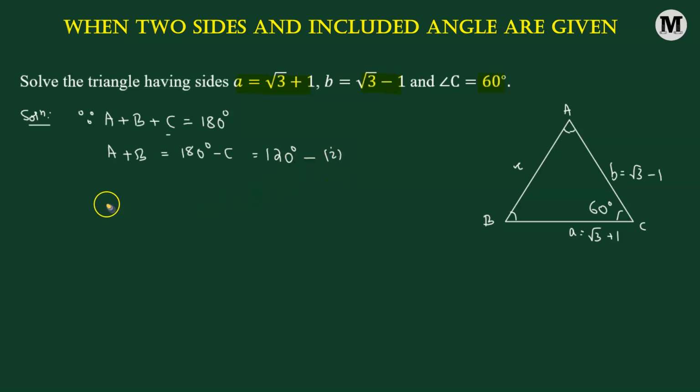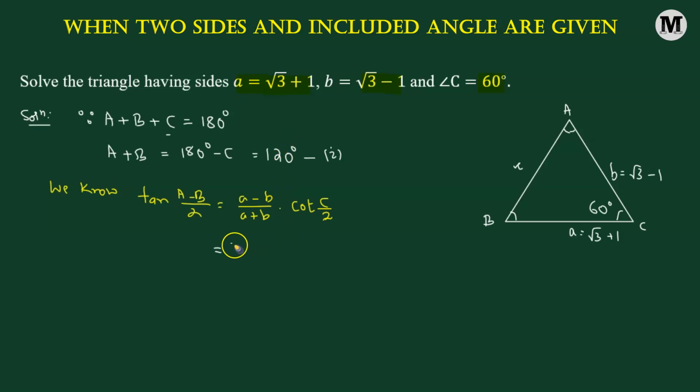Next, we're going to take the help of another half angle formula. So we are going to use the formula that is, tangent of (A minus B) over 2 is given by (a minus b) divided by (a plus b), multiplied by cotangent of C over 2. Which means that on the left hand side, we are going to find out a minus b.